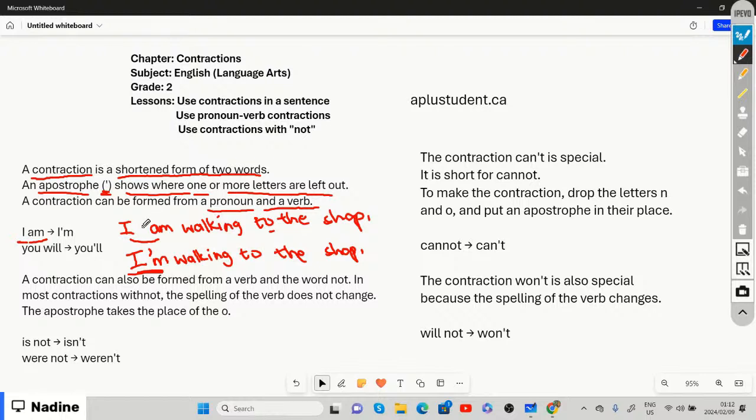Once again, any letter that you leave out, you put an apostrophe in its place, like here for I'm, an apostrophe M. And if you leave out more than one letter, you don't put more than one apostrophe. You still just put one apostrophe, even if you leave out two or more letters.